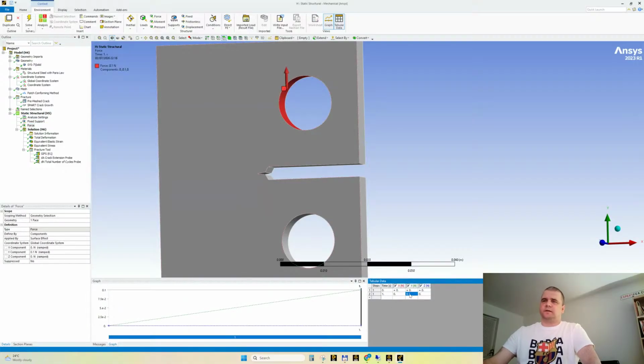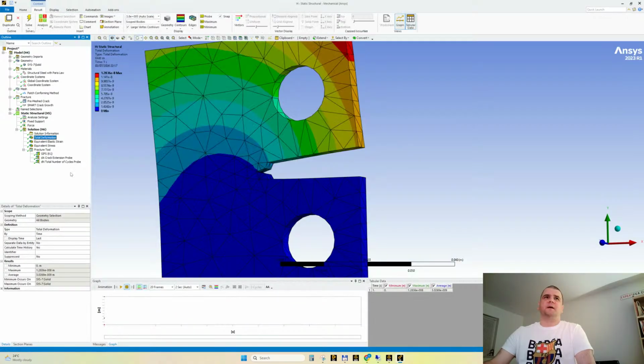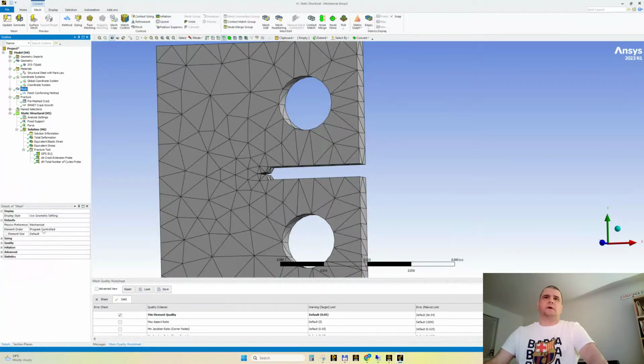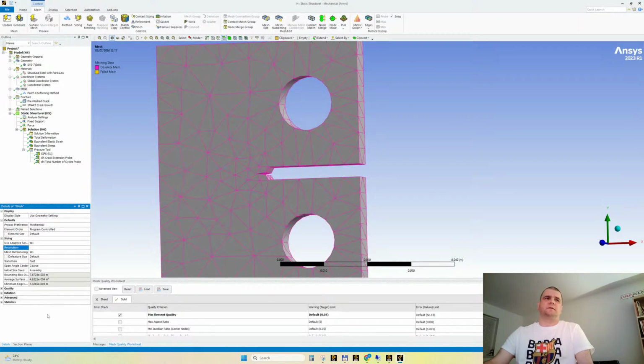Let's see if I can increase this. Yeah, no crack. And all right, let's refine a little. Resolution 4.